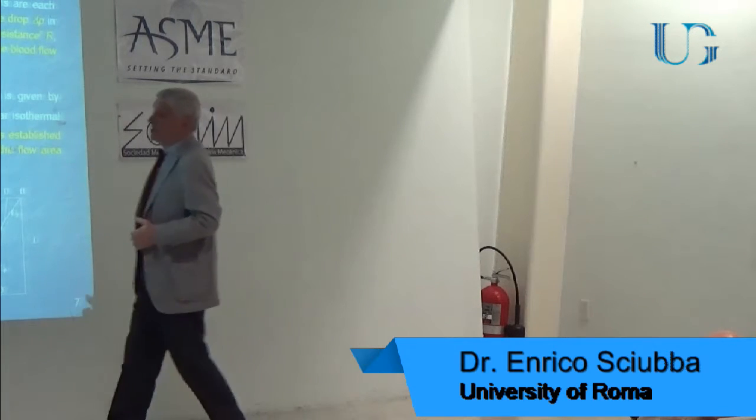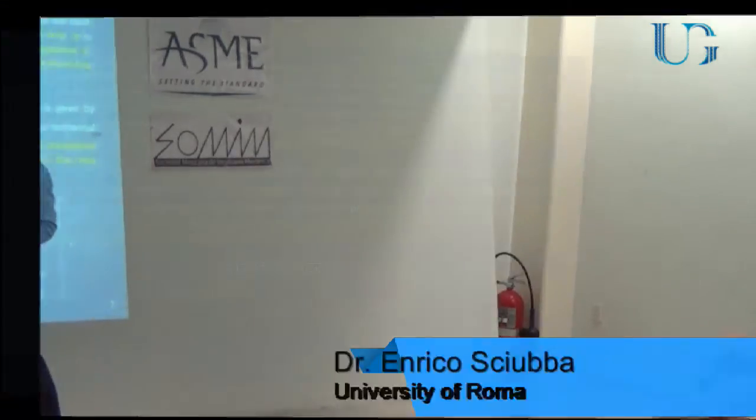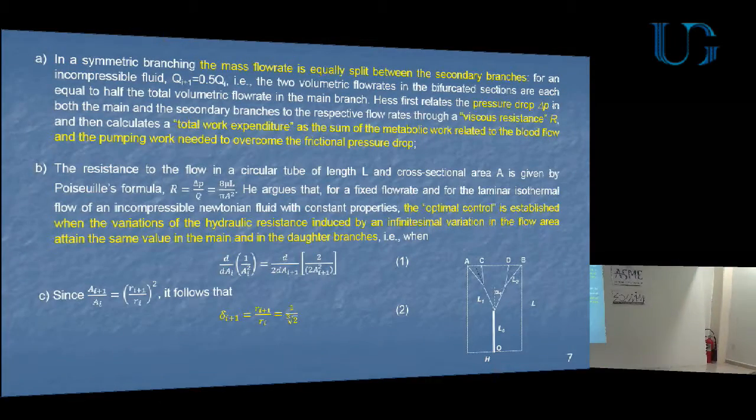To do this, what he did, he used the Poiseuille flow. This is the resistance, which I called W yesterday. Delta P divided by the flow rate is 8 mu viscosity times L divided by the area squared. And then he said, if I derive with respect to the area this resistance for the main branch and for the smaller branch, these two must be the same.